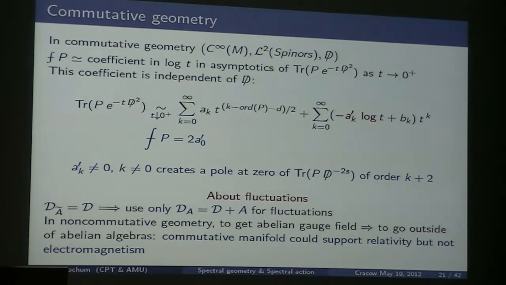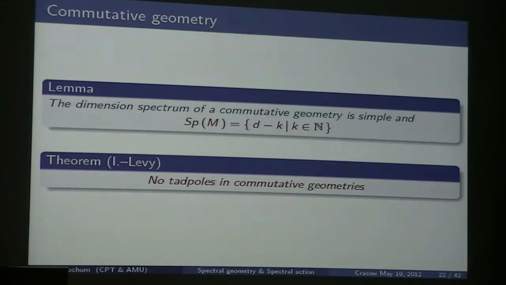It means that in non-commutative geometry, if you want to work with an abelian gauge field, you have to go outside abelian algebras. This means that a commutative manifold could support relativity, but not electromagnetism. That's the conclusion, so I will end the first part here.